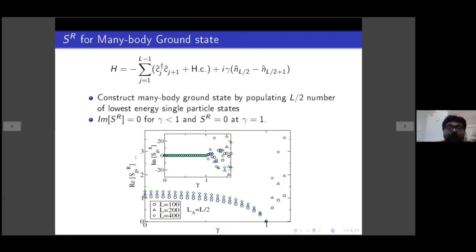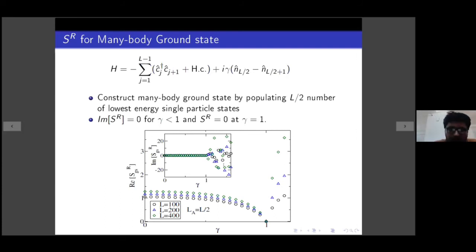If I focus on this right entanglement entropy, then I see something really interesting happening in the PT symmetric phase. It starts with something that corresponds to the Hermitian limit result, and at the transition point, this goes to 0. One more thing I wanted to point out is that, given that it's a non-Hermitian system, it is not obvious that your entanglement entropy will always be real.